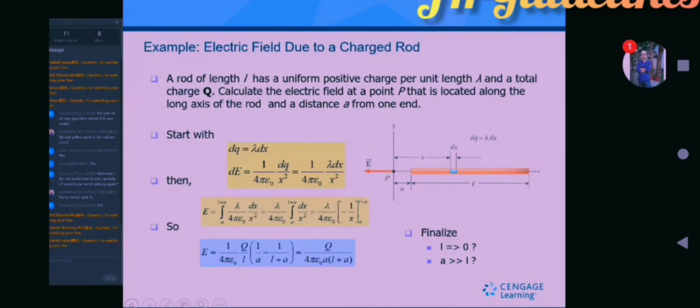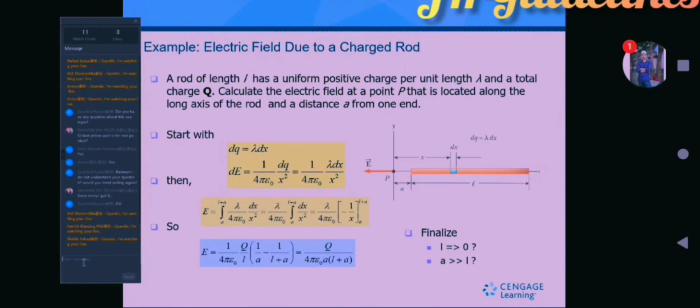Now, let me ask you a very quick question. Why did I not write the electric field in vector form here?